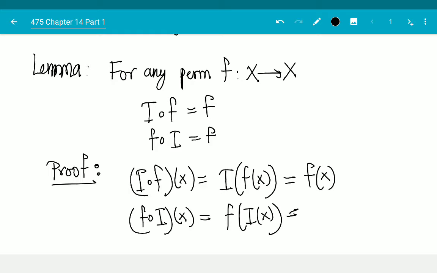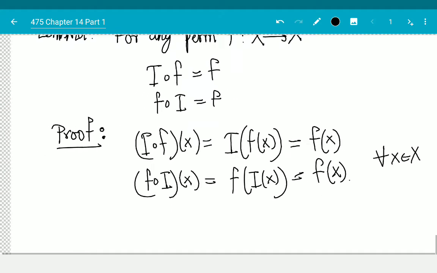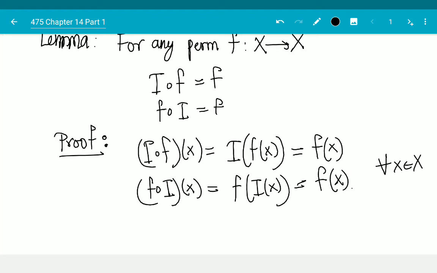What does I do? Nothing. It keeps everything as it is, equal to f of x. So in both cases, for every x in X, and as these are functions, they have to be equal.